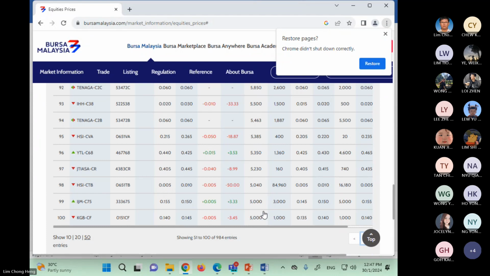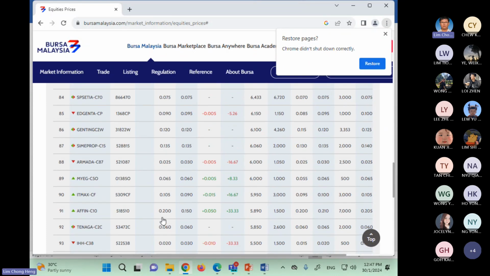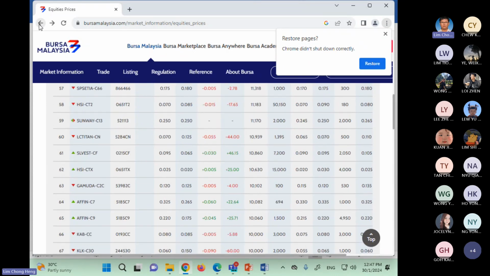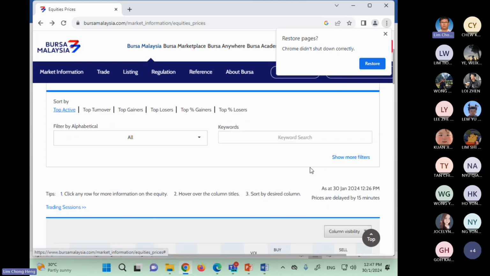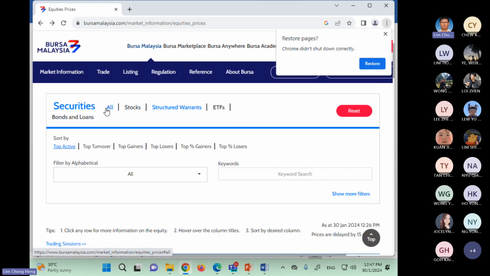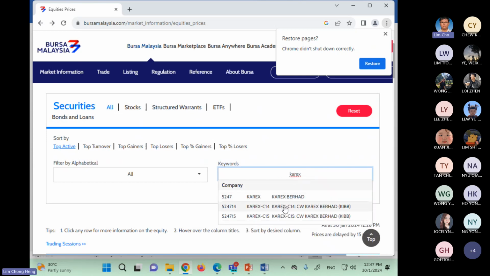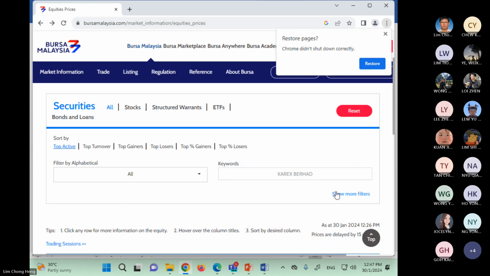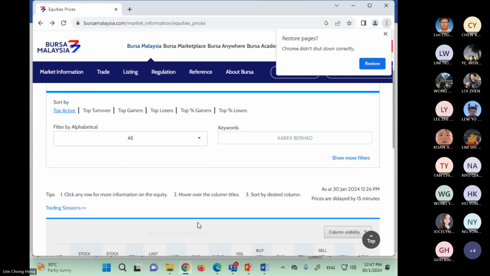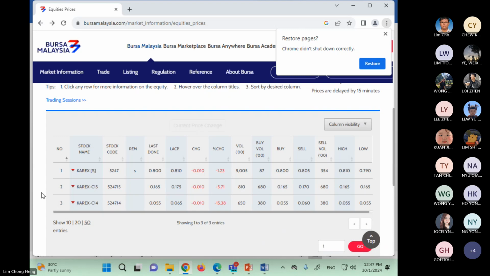After you pick one company, like for example yesterday, we know it was Kellex. Assume you select Kellex. Kellex here is your underlying asset.